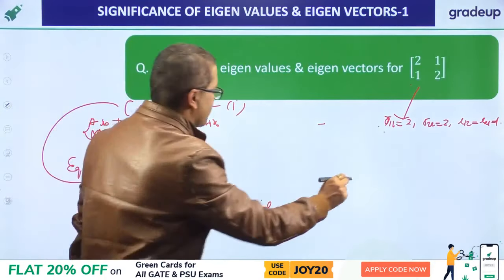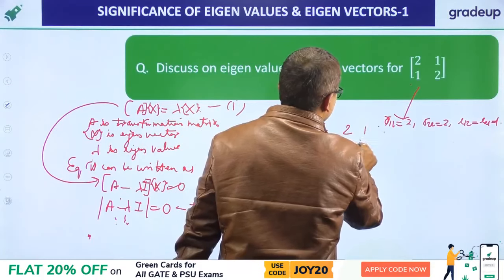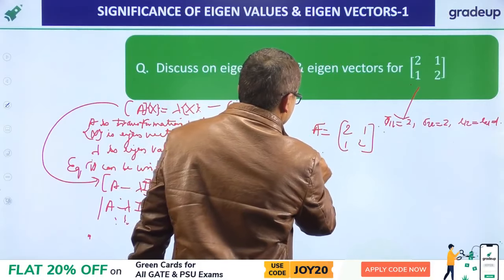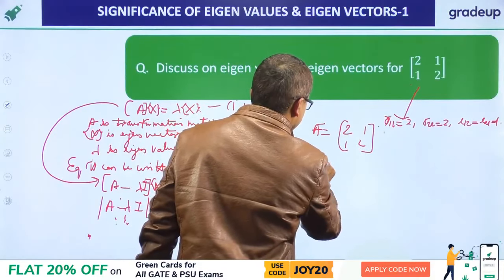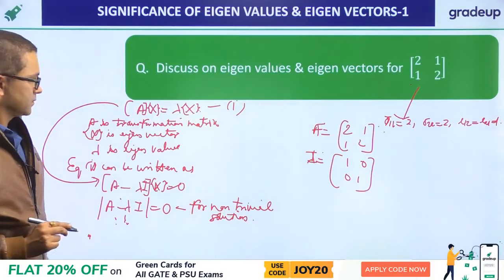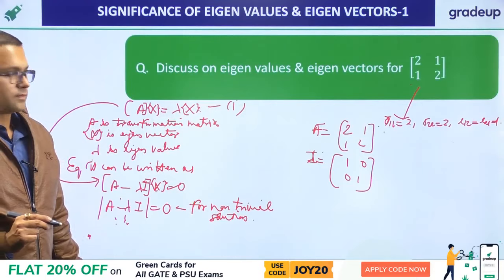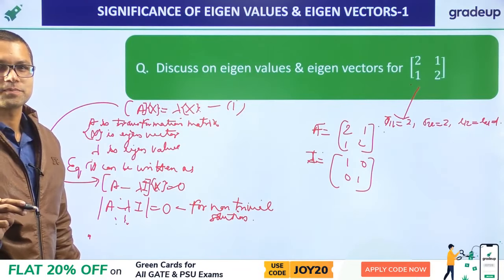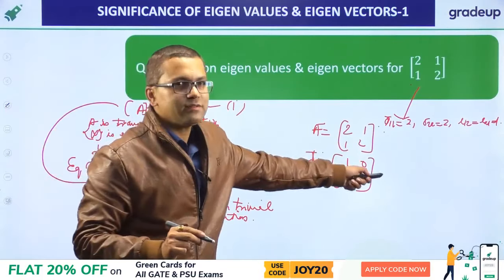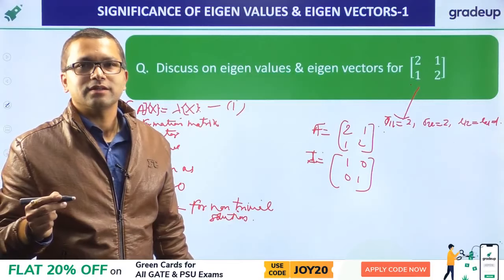Here A equals 2 1 1 2. And I for this should be 1 0 0 1. Is it correct? Because A is of 2 cross 2 dimension, I should also be of 2 cross 2.